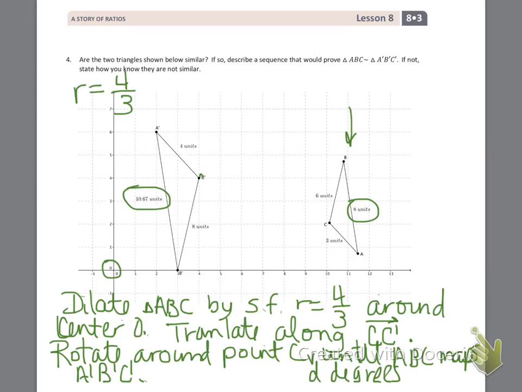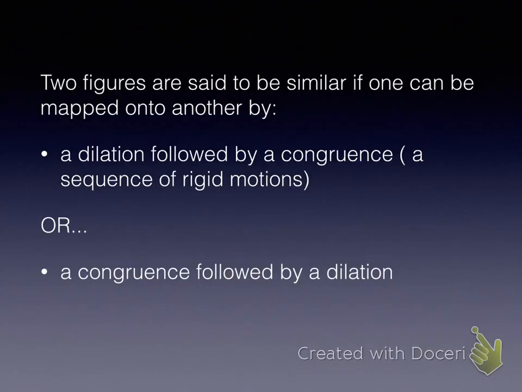So just to summarize what we've learned, we could go back to the definition of similarity that we've been using. Okay, so that would be this that you wrote down at the beginning of this lesson.